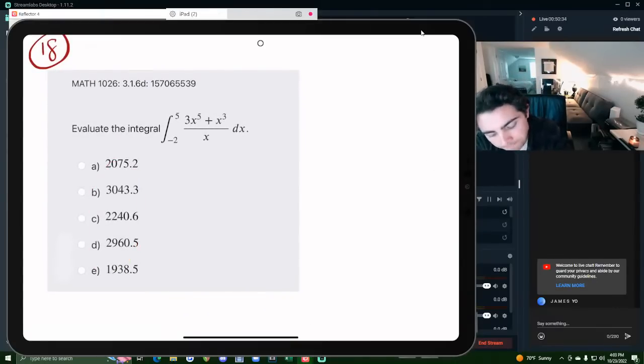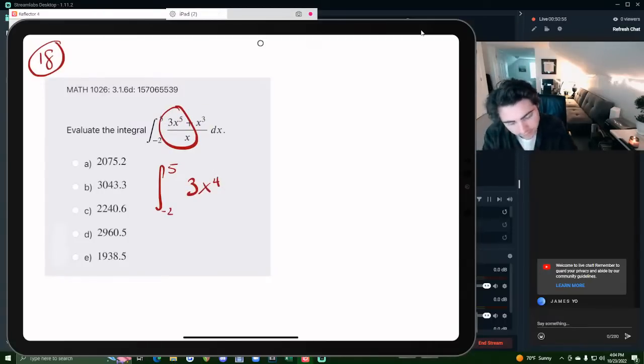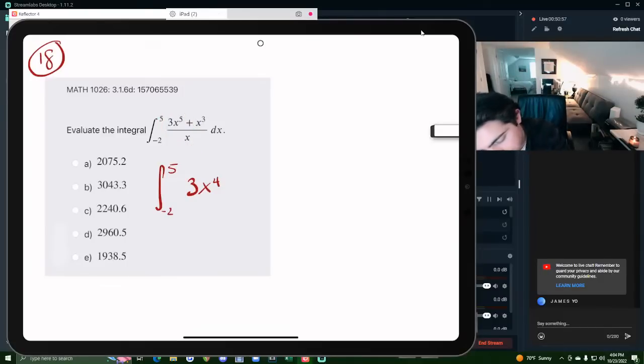So first step, before we evaluate the antiderivative, what we need to do is simplify this integral. Rewrite it. We'll leave the bounds, -2 to 5, and we'll basically just divide this term by x and this term by x. If we divide x to the 5th by x, it leaves us with x to the 4th, and then the 3 just stays in front. If we divide x cubed by x, it leaves us with an x squared.